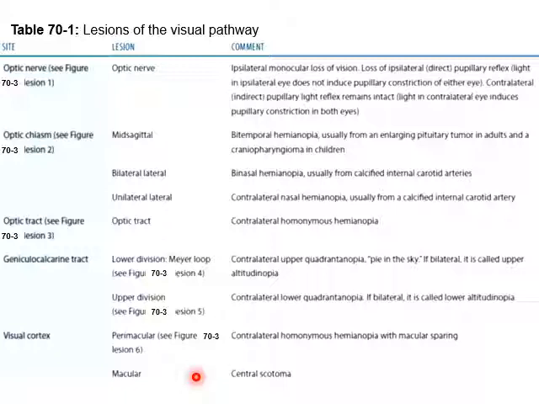However, sometimes the branch coming from the posterior cerebral artery that supplies the tip or the occipital pole, which has the central vision or macular vision, may be affected by a small embolus, and then this uncommon condition will lead to central scotoma.